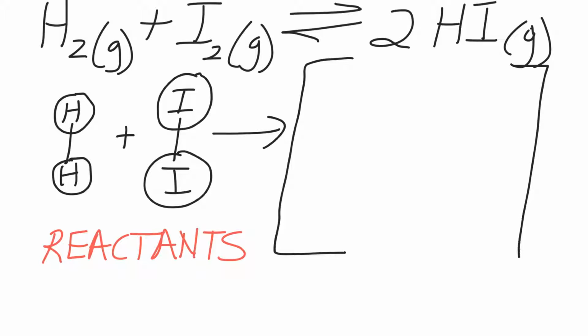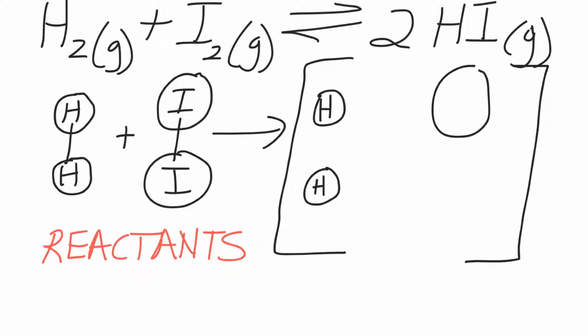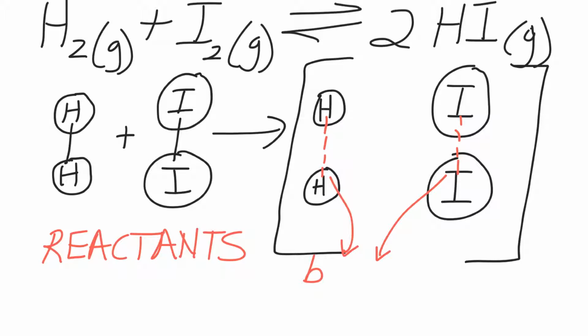Now, I put it in square brackets because this is a stage between the reactants and the products. Let's redraw the reactants, the hydrogens, and the iodines. Now, during this stage, the covalent bonds between the hydrogen atoms and between the iodine atoms start to break.